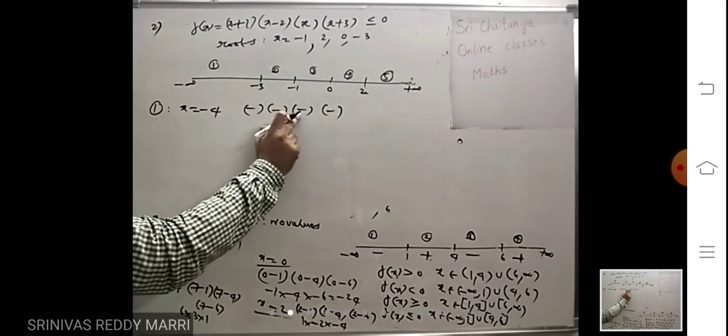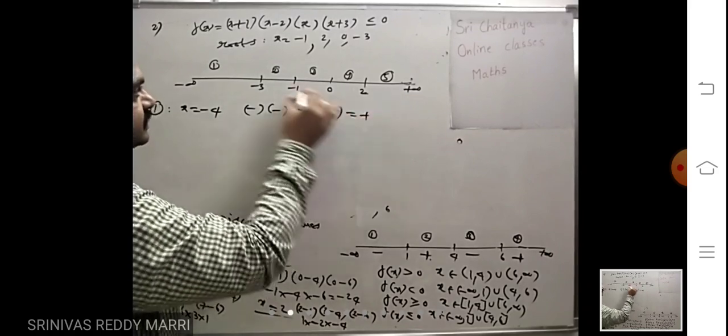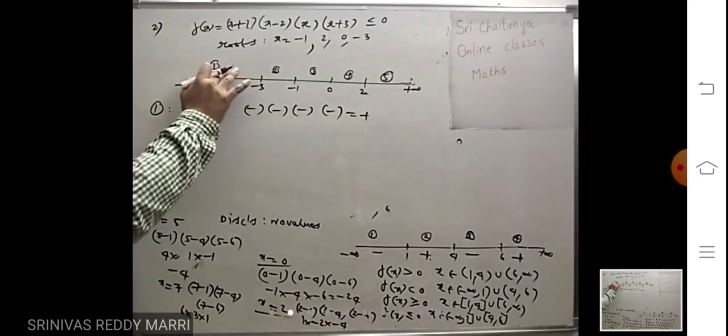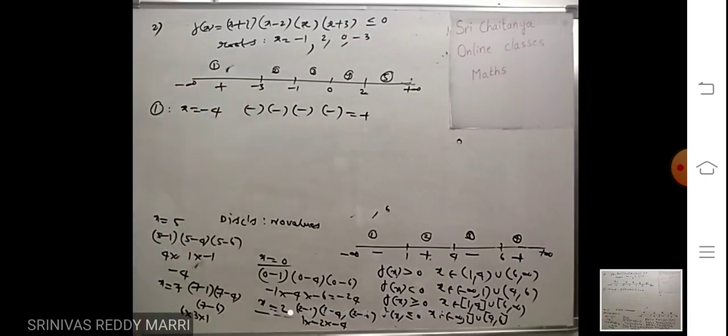Negative into negative, positive, so this is positive. I just want the sign, plus or minus, not the value. So the first interval is over; now the second interval.